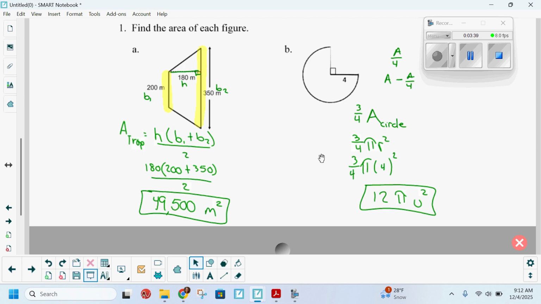So if it doesn't say to round, I'm going to leave my answer in terms of pi. So I'm only going to put into the calculator parts that are not pi. So 3/4 times 4 squared is 12. And then I just stick the pi on. So I have 12 pi units squared.